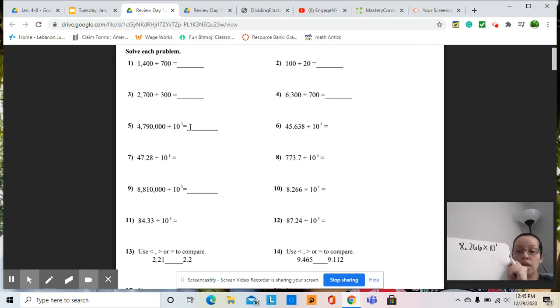So if I'm multiplying it one time, it just needs to move 1 place to the right. So notice how the decimal is here, okay?